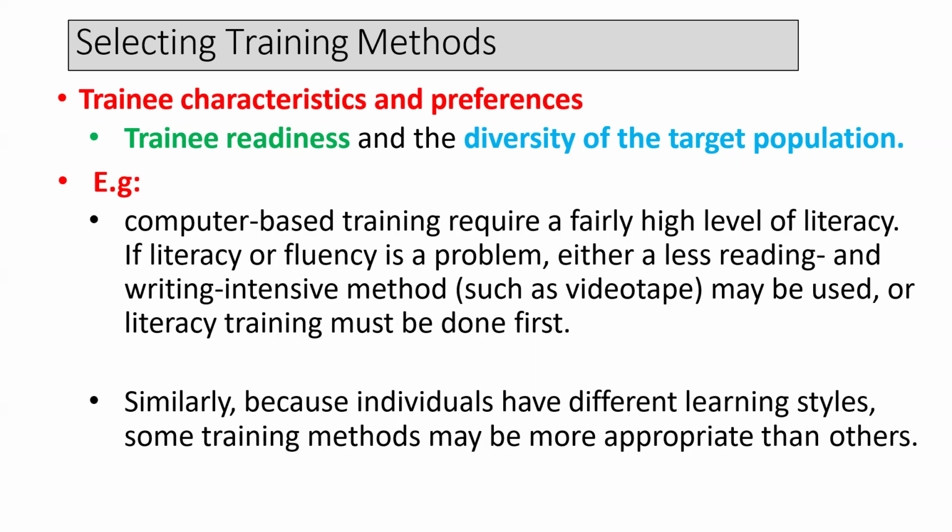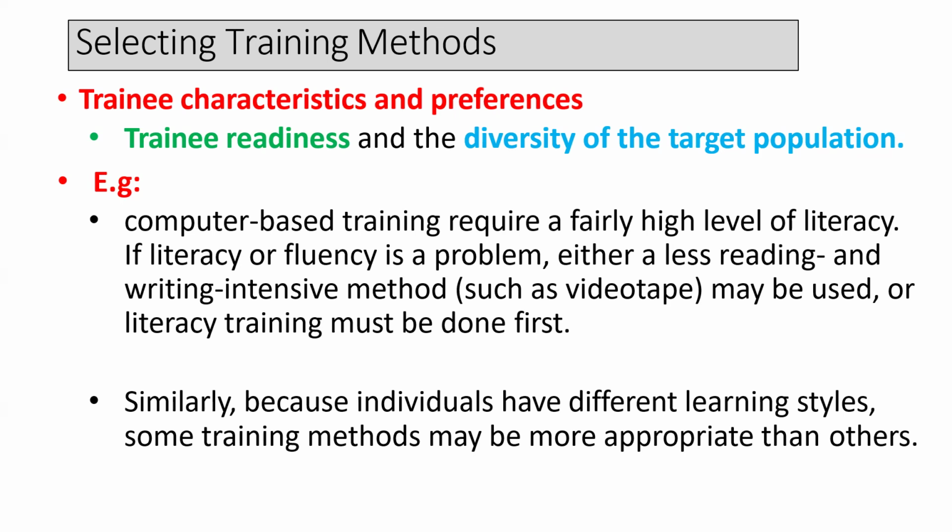For those who are visual learners, we can select a visual learning method. For those who are kinesthetic, we can use behavior modeling or an active form of role playing kind of training methods.